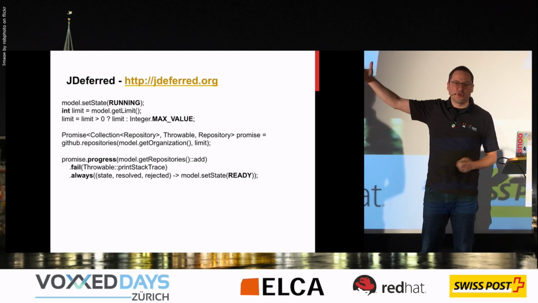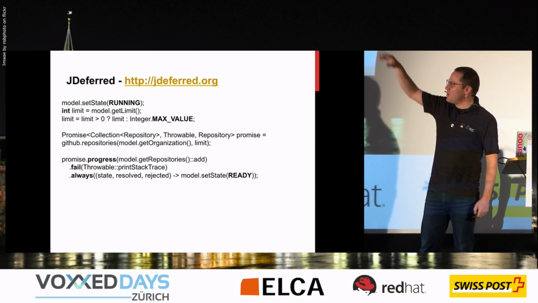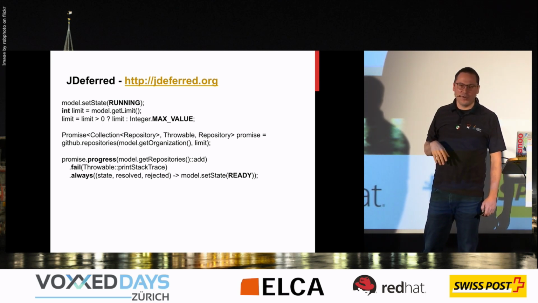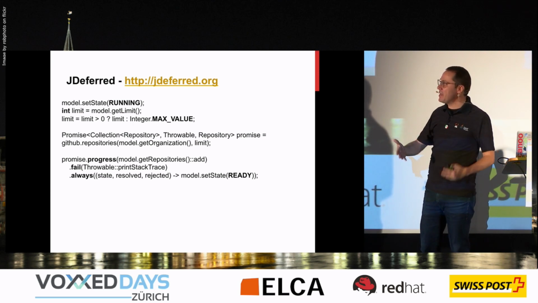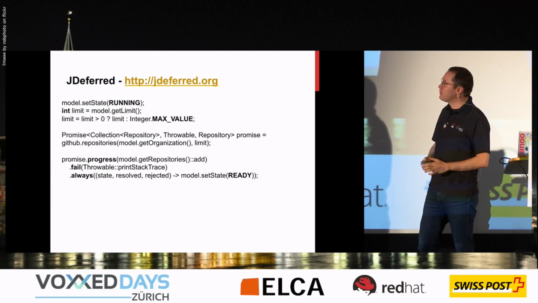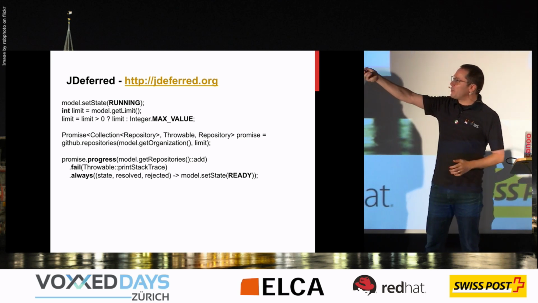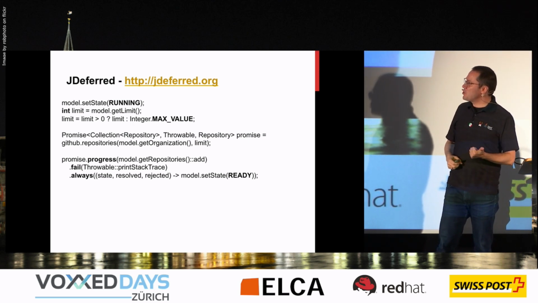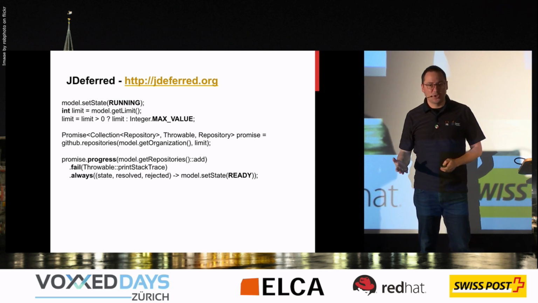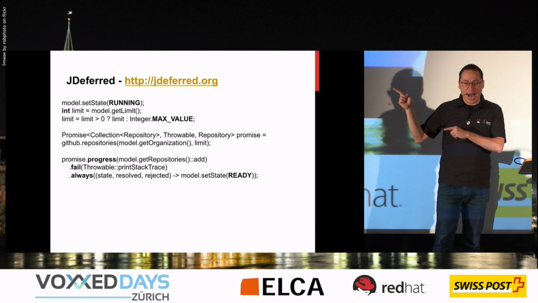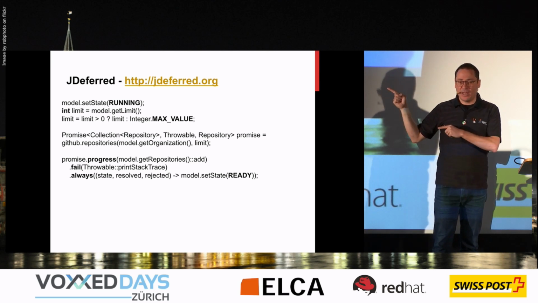Say, for example, this is a controller component where we have some series of configuration settings. For example, if we want to limit the amount of repositories we want to query, then we can specify it that way. We issue the call to the promise that returns a collection of repositories, may throw something, and in this case, the third type says repository, so this one cares about intermediate results.